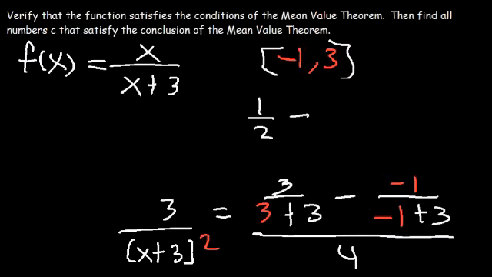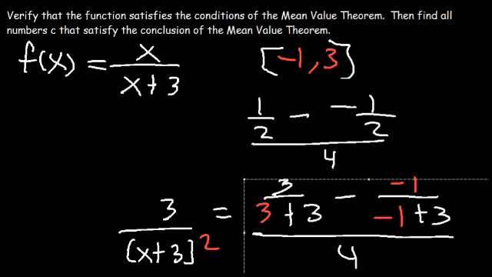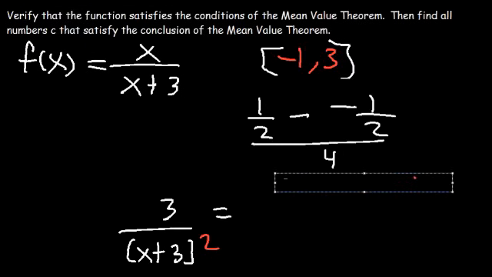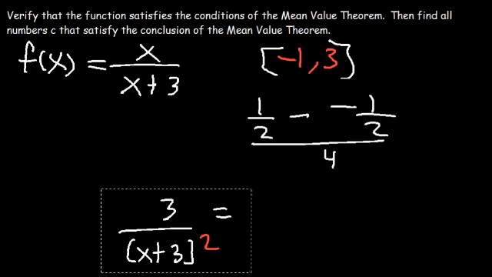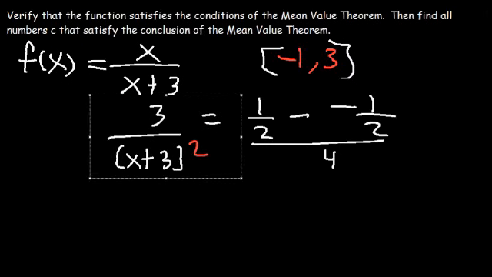So it's 1/2 minus -1 over 2, all divided by 4. 1 over 2 minus -1 over 2 is the same as 1 over 2 plus 1 over 2, which is 2 over 2, and that's equal to 1.